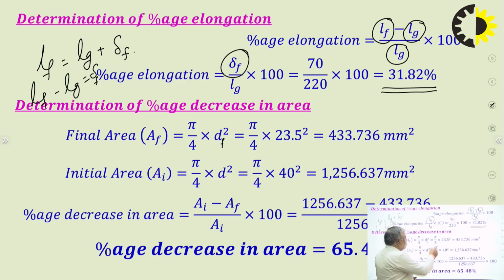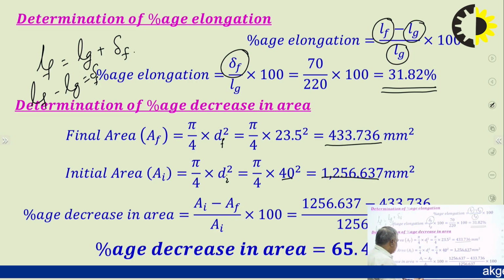So pi by 4 into 23.5 square, value is 433.736 millimeter square. Then the initial area is pi by 4 di square, so pi by 4 into 40 square. 40 millimeter is the initial diameter, so it will be 1256.637 millimeter square.